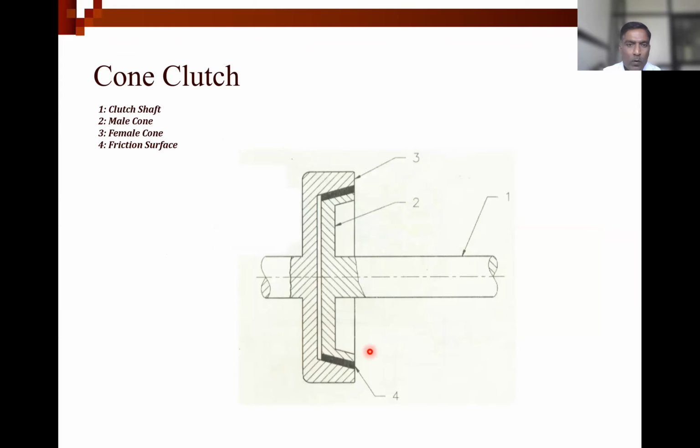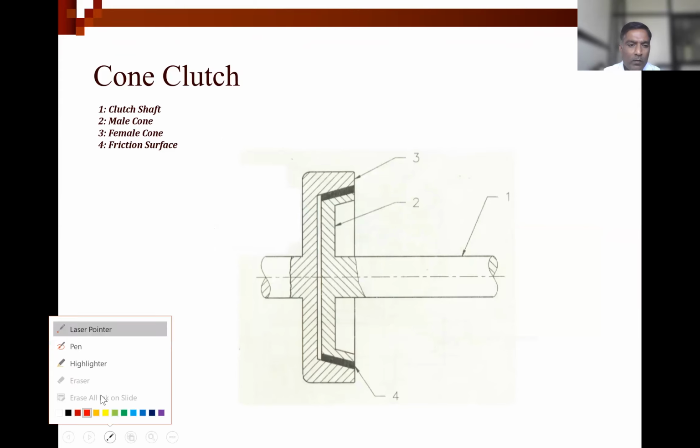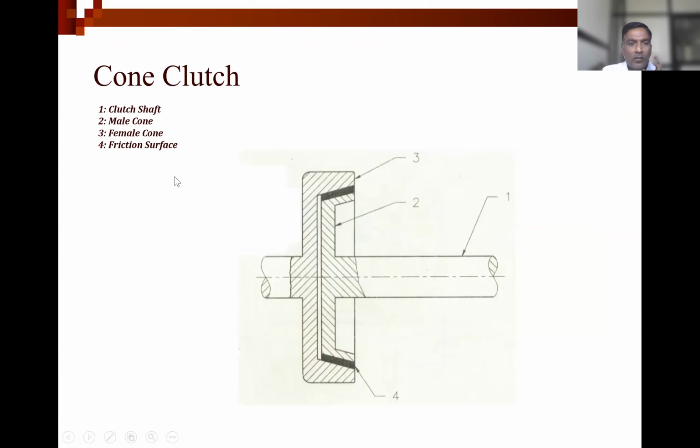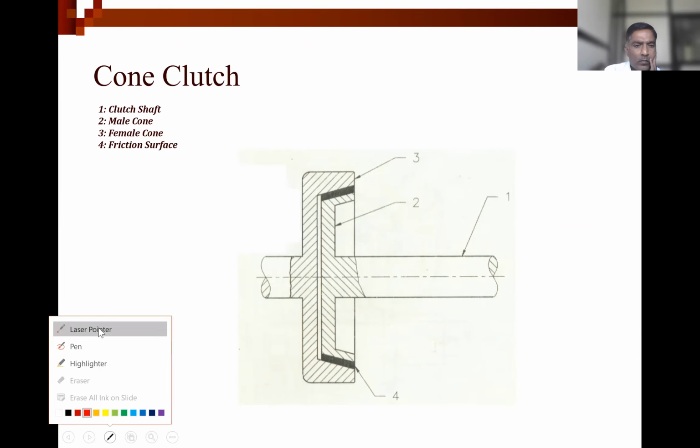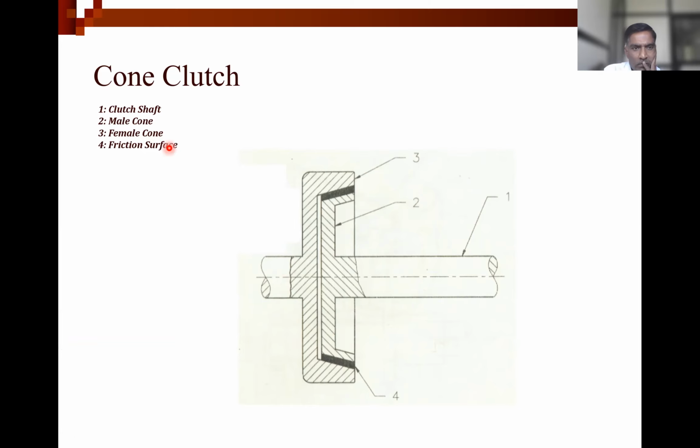So here, what you are observing, you can see the clutch shaft number 1, then number 2, this is the male cone, number 3, the female cone, and number 4, that is the frictional surface.